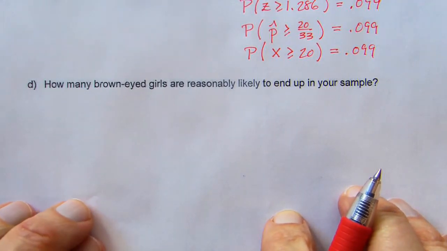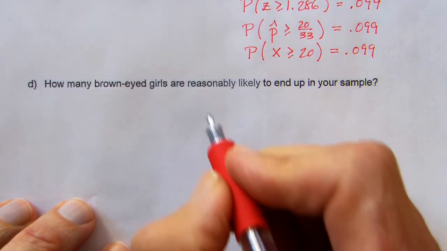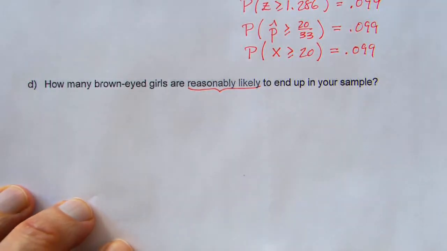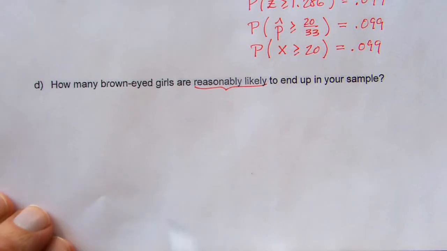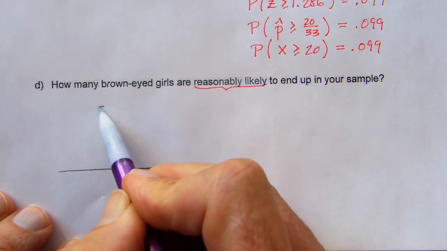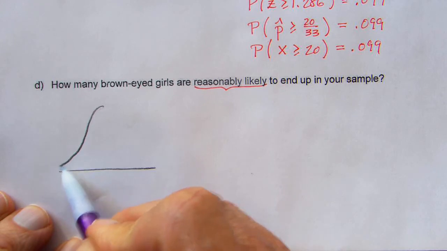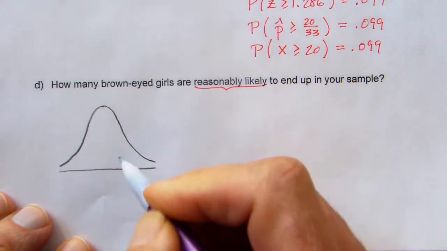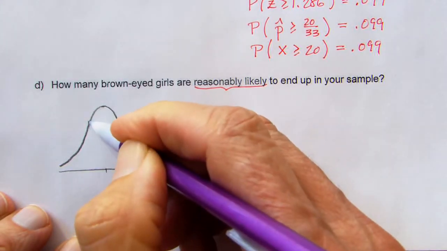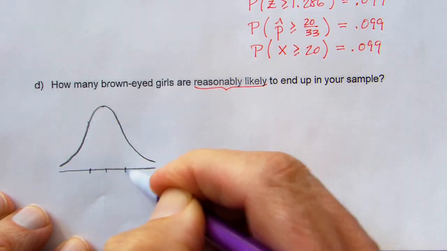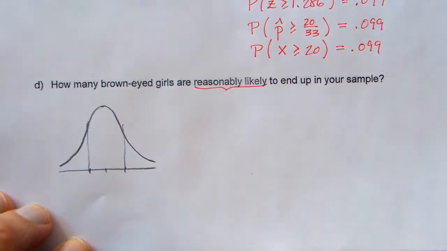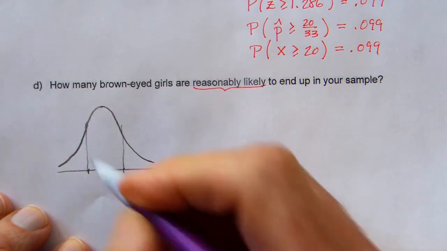How many brown-eyed girls are reasonably likely to end up in your sample? So there's that phrase, reasonably likely. So let's remind ourselves what is reasonably likely. In a normal distribution, you might recall this idea called the empirical rule, which said, about one deviation away from the mean, about 68% of your distribution is within one deviation of the mean.